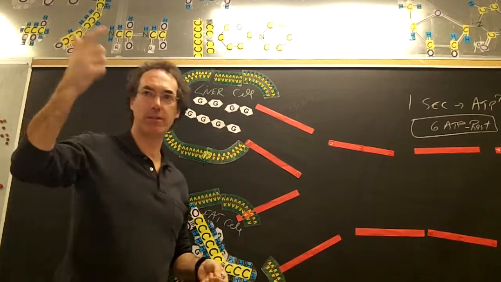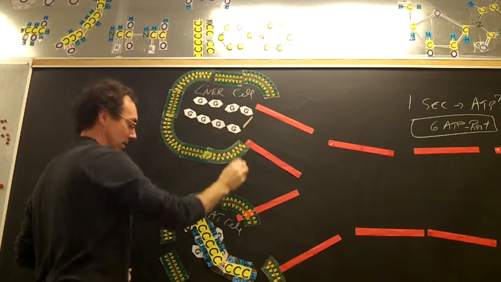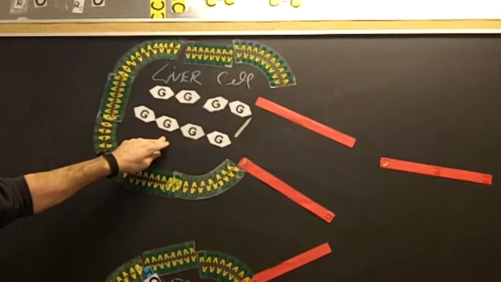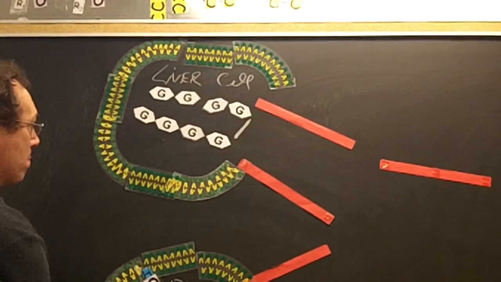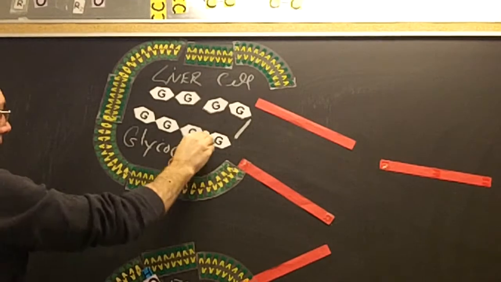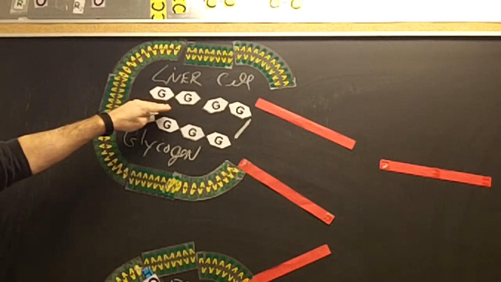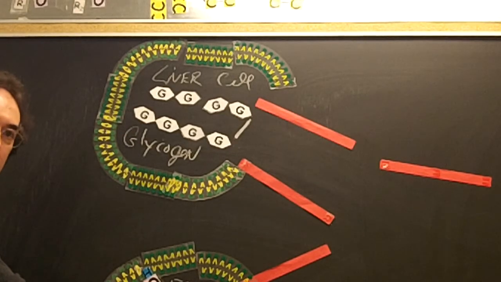These are all alpha glucoses, and there's a bond here. This is glycogen, right? So, that's scary. Glycogen, stored energy. Lipid, stored energy.